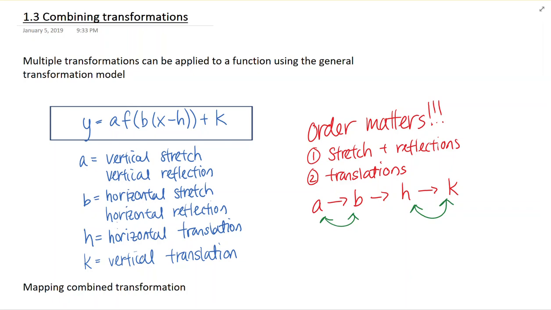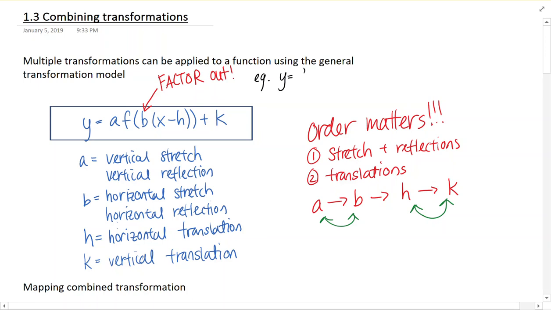Okay. Something else you have to be careful about is this B right here. I'm going to write this in capitals because students always forget this one: factor out. Make sure you factor out that B. What I mean by this is, for example, if there's a function where you have f(5x + 10), at first glance, you might think, okay, I have b, which is 5, and that 10, that's where it's going to get confusing.